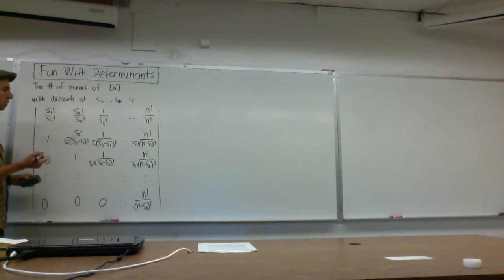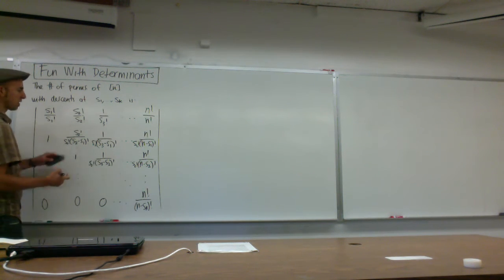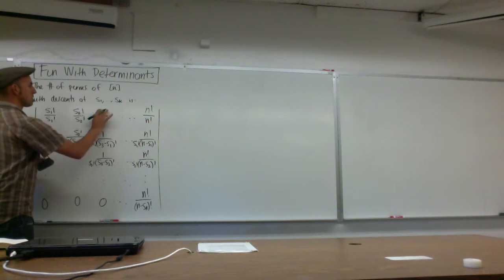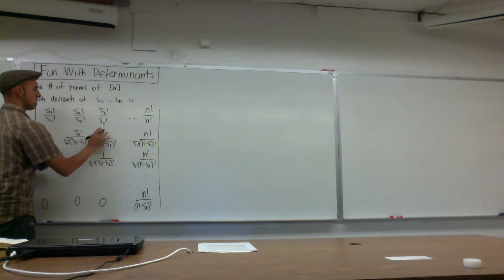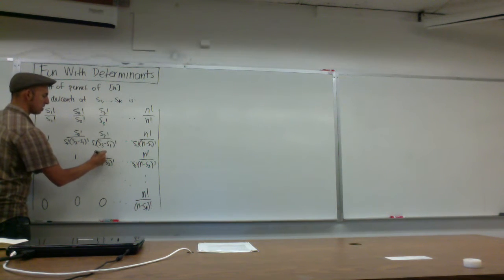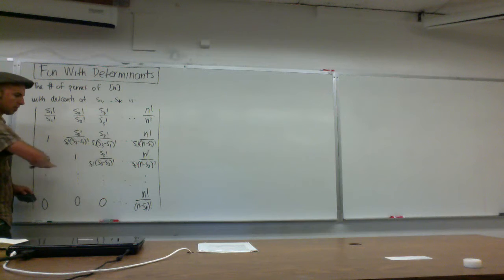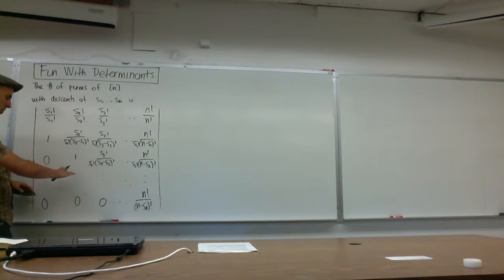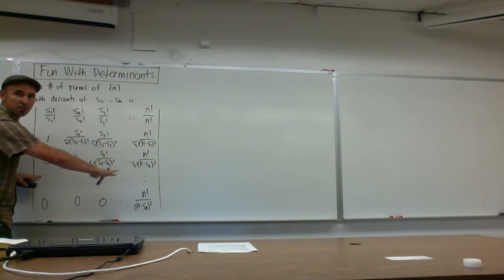Okay. And I keep doing this. So I multiply this by s3 factorial, okay, s3 factorial, s3 factorial, s3 factorial, and so on, and then I divide the row, which is this one. I didn't write it, but I would divide this row by s3 factorial.